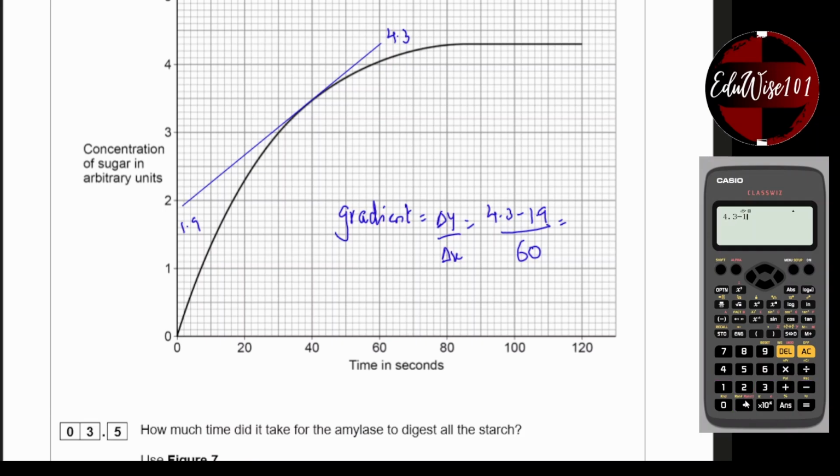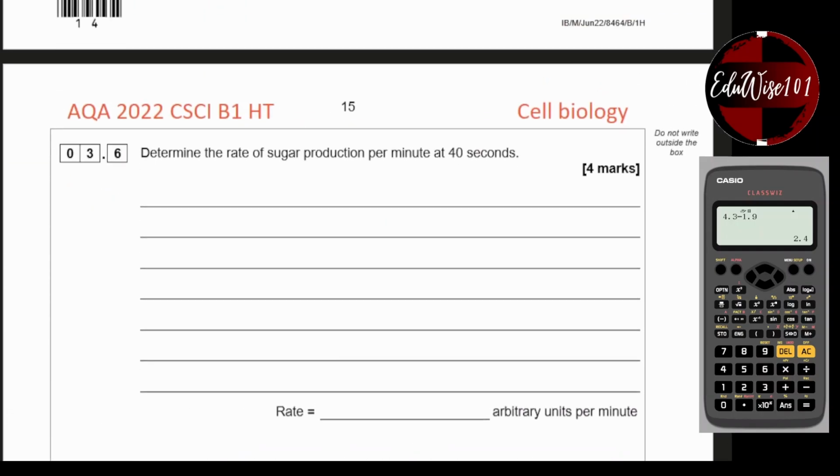minus 1.9, that should give me 2.4. I'm not dividing it by 60 because it's per minute. If I divide that by 60, I'll have to multiply it again by 60 to get it in per minute. So the answer is 2.4.